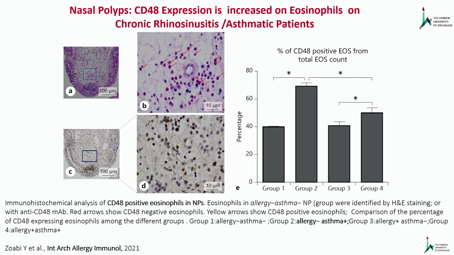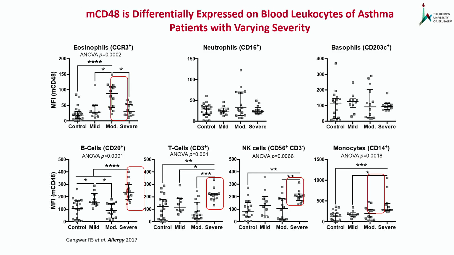More recently, we saw the importance of CD48 not only for Th2 asthma: in asthmatic patients having chronic sinusitis and nasal polyps, it was very much increased in the group of non-allergic asthma with rhinosinusitis in comparison to non-allergic asthma or only allergic rhinitis. Again, CD48, in this case, on eosinophils.